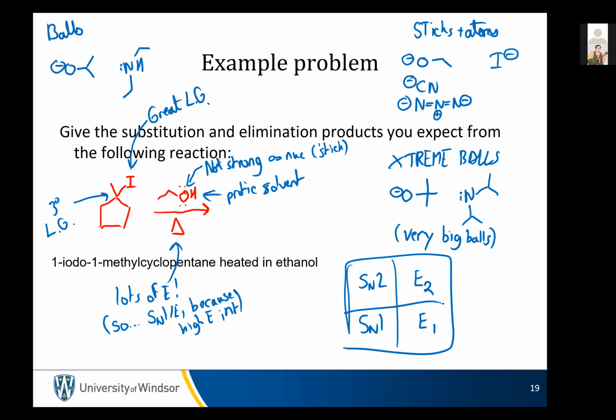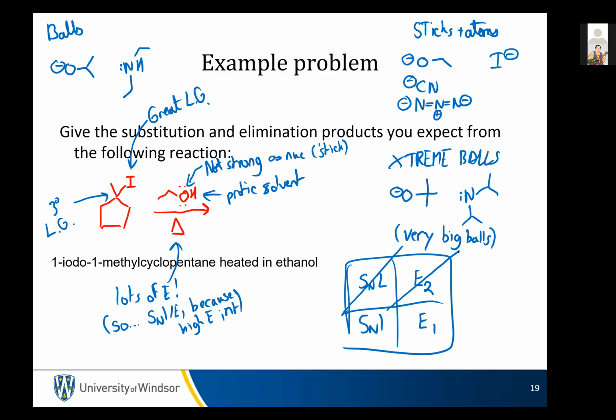This is not strongly basic. The nucleophile doesn't have a great desire to react. It's ethanol. It can sit there in a bottle for a very long time. And so it's not in any hurry. SN2 and E2 normally require a strong base or a strong nucleophile. We don't have that.